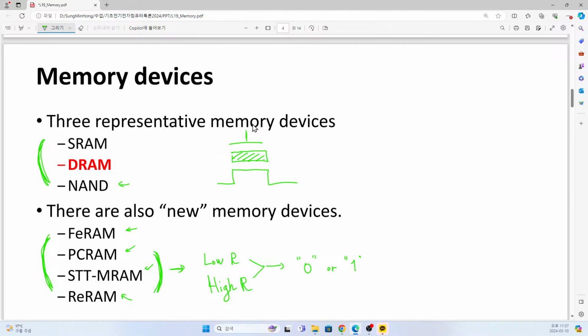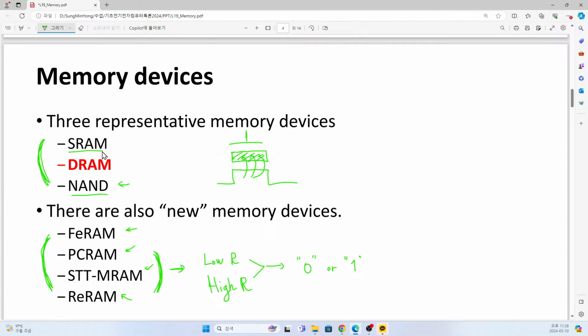By applying a very high gate voltage, we can inject electrons into this storage node, which increases the threshold voltage, and that corresponds to writing information. That was the NAND story.